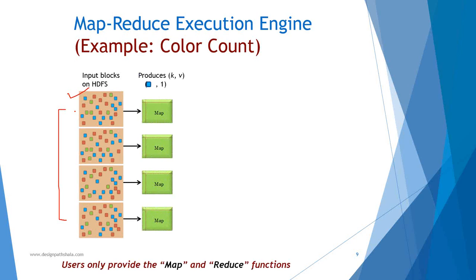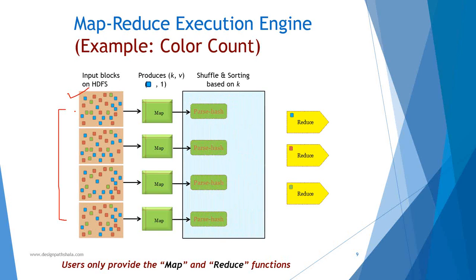The key is nothing but the color, and the value is the count of that box. Then there's something called the sort and shuffle phase that is transparent to you. I'll come to this phase, but what the mapper does is the mapper produces.